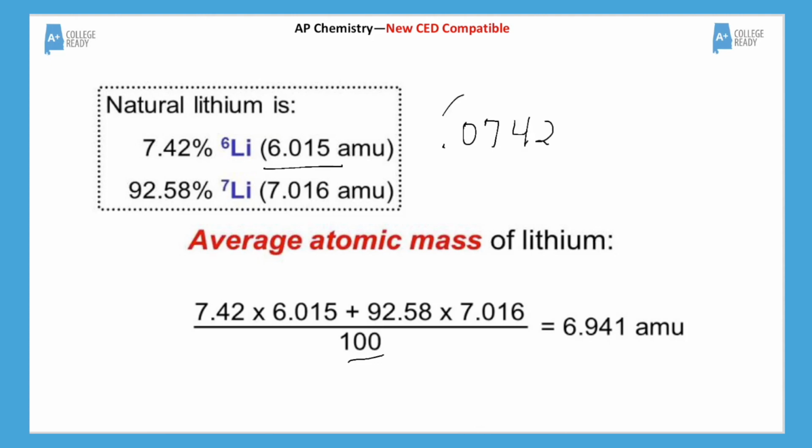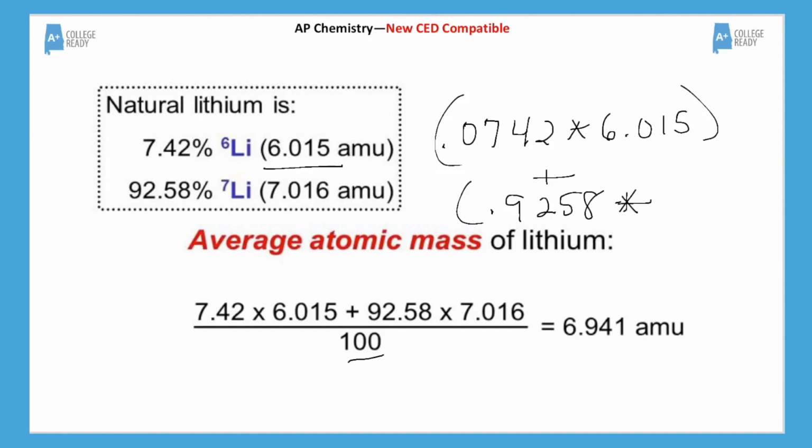Okay, so I would say this is my fraction of lithium-6, and so I'd multiply it, put a little star, times that mass, and then make sure you use order of operations. Then I would add, again multiplying in the parentheses, change this percent to a decimal, star, I'm multiplying 7.016.